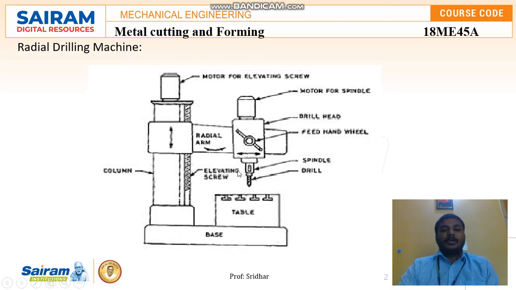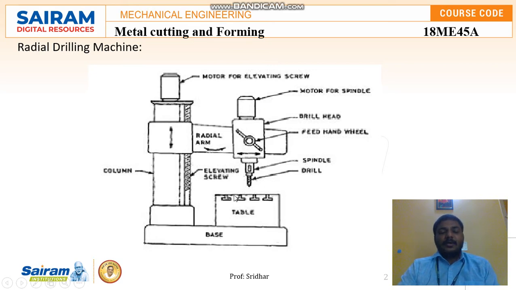When it starts, the spindle starts rotating, and when the spindle rotates, the drill bit that we have fixed into the drilling machine also rotates. Using the knee elevating screw, we can easily adjust the radial arm. And this is a motor for the spindle, which drives the spindle.